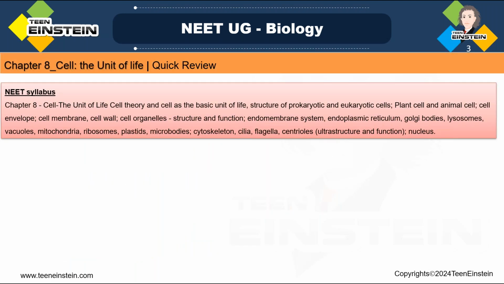And according to NEET syllabus, this is the 8th chapter, and in this chapter you need to learn cell, why we are calling it a basic unit of life, then structure of prokaryotic and eukaryotic cell, plant cell and animal cell, then cell envelope, cell membrane, cell wall, then about cell organelles, what is the structure of each organelle and functions of each organelle, then endomembrane system, endoplasmic reticulum, Golgi bodies, lysosome, vacuole, mitochondria, ribosome, plastids, microbodies, cytoskeleton, then what is cilia, flagella, centrioles, the ultrastructure and function also you need to learn. Then about nucleus you need to learn.